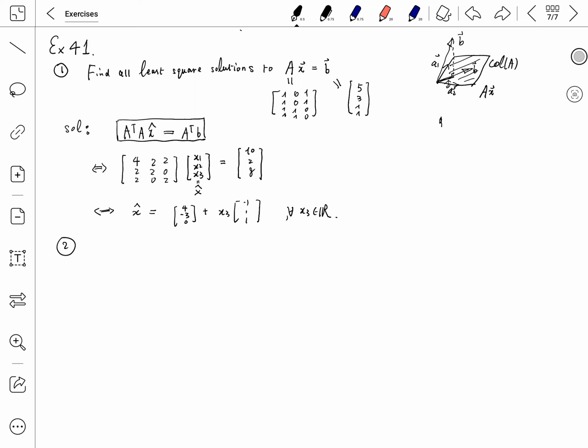This always has a solution, because b hat is by definition the projection of b onto the column space of A, so it is in the column space of A. It is a linear combination of column vectors of A. And when does it have a unique solution? Similarly, the same answer: when the columns of A are linearly independent, this has a unique solution.